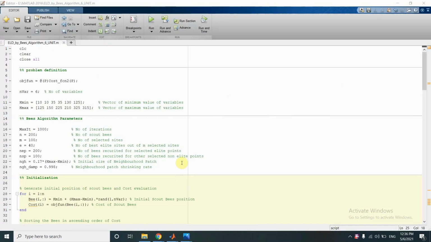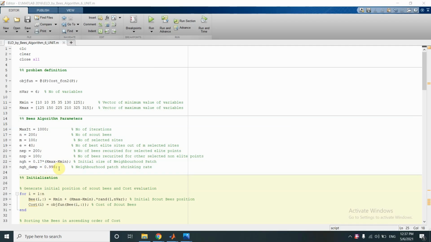Now if this is clear, then we have our last parameter of the algorithm, which is NGH temp. This is the neighborhood shrinking of the patch. Initially the patch size is given by 0.17 times the range, Kmax minus Kmin. But as we proceed in our algorithm, iteration after iteration, this patch would continuously shrink, and the rate of shrinking is given by 0.998.